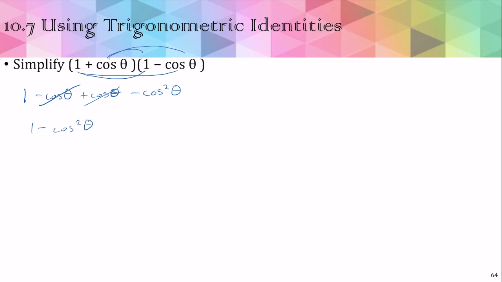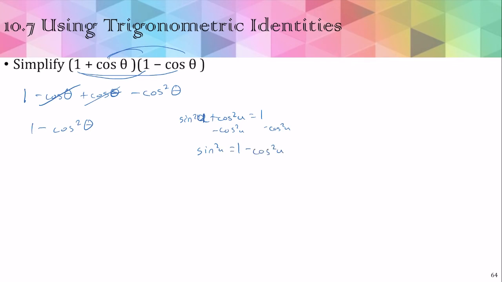Well, we have this identity that says sine squared u plus cosine squared u equals 1. So if I subtract cosine squared, I'll have sine squared equals 1 minus cosine squared.